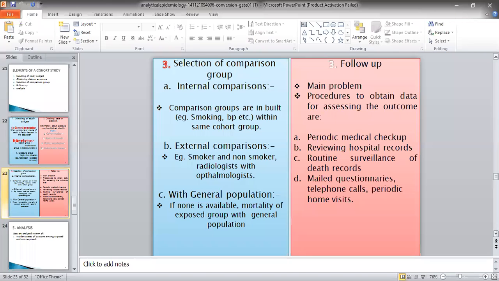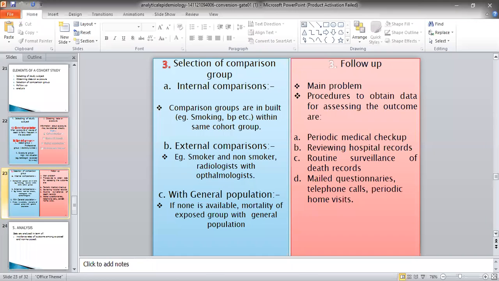Let me give you an example. Suppose we are studying the risk factor smoking. We can make groups: one group smoking one pack per day, the other group smoking two packs per day. That's how we can take an inbuilt comparison group internally, without taking it from outside.